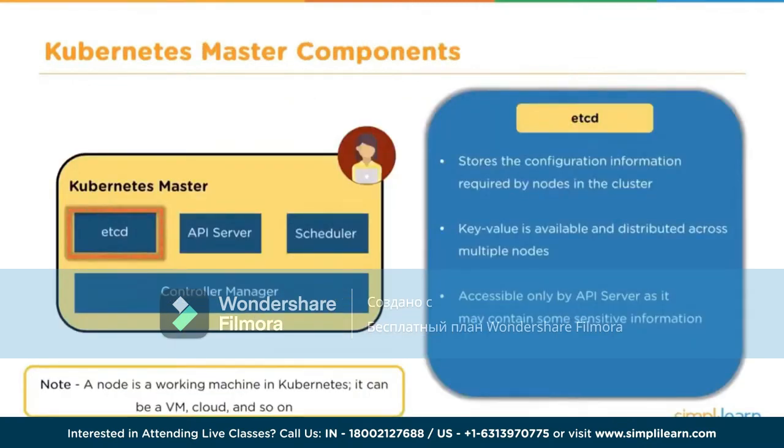If we look at the Kubernetes master to begin with, we'll start with etcd. This is a tool that allows for the configuration of information and the management of nodes within your cluster. And one of the key features that you'll find with all of the tools managed within either the master environment or within a node is that they are all accessible via the API server.